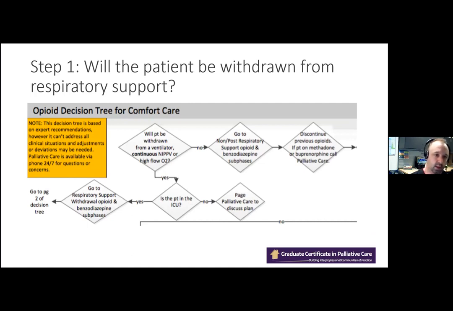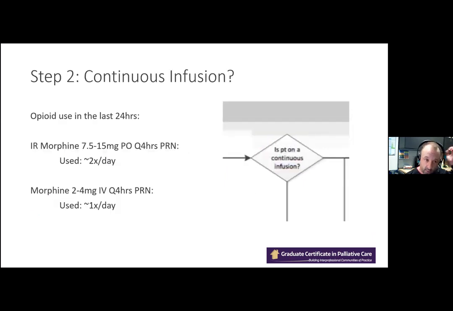First of all, will the patient be withdrawn from respiratory support or from the ventilator? No, that occurred a while ago for her. Right. So the next part is looking at opioid use in the last 24 hours.